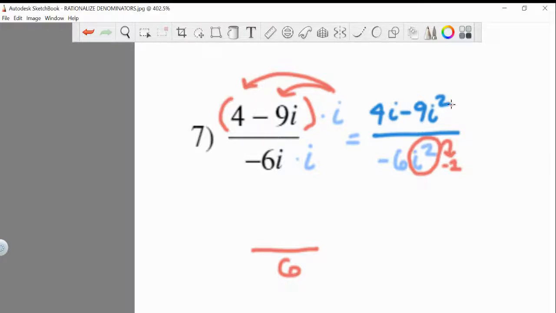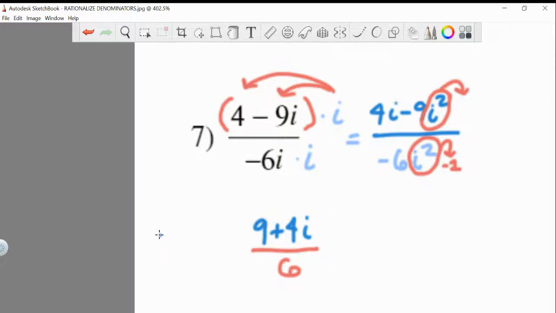It's not that much more complicated, but it is a little bit different, right? The I squared is going to get swapped. It's going to turn our negative 9 into a positive 9. And so sorting out the top, I'll do a little rearranging as well. I'll put the real number first, because when it comes to these imaginary numbers, and specifically these complex numbers that are partly real, partly imaginary, we like the real part to go first, okay?